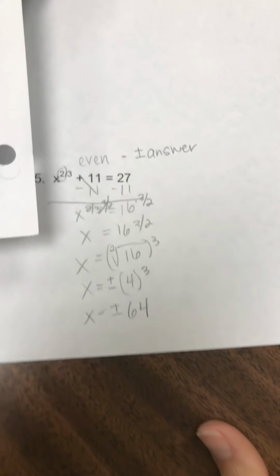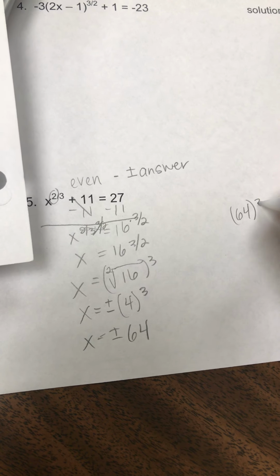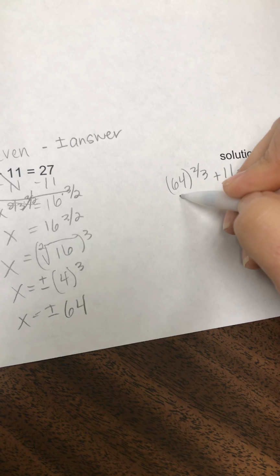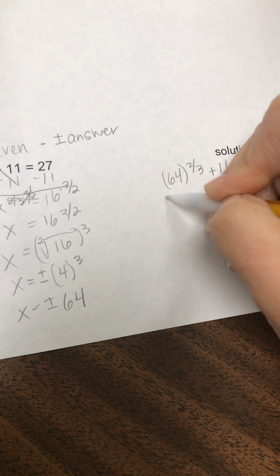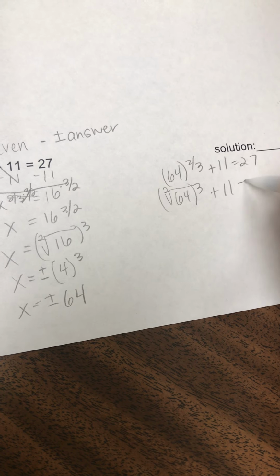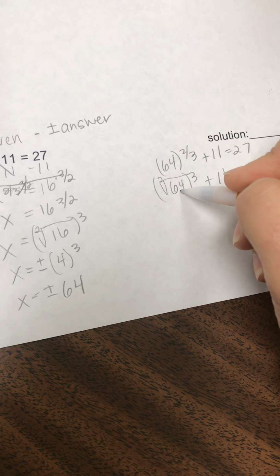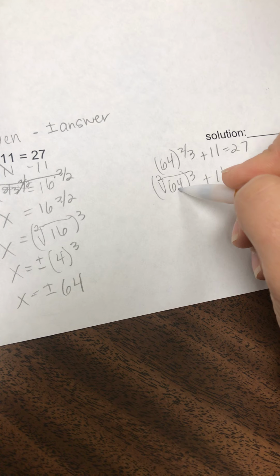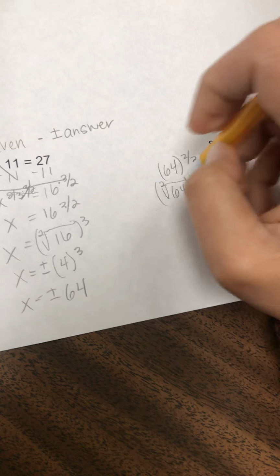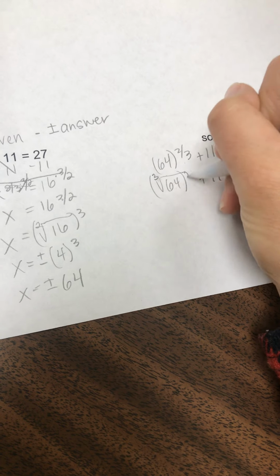Now then, we have to check it, though, and make sure that both of the solutions work. So you're going to have 64 to the 2/3 plus 11 equals 27. And now here you would get the square root of 64, cubed, plus 11 equals 27. Oh, sorry, I had written this backwards. 3 and a 2.